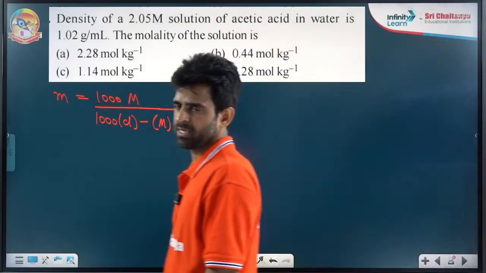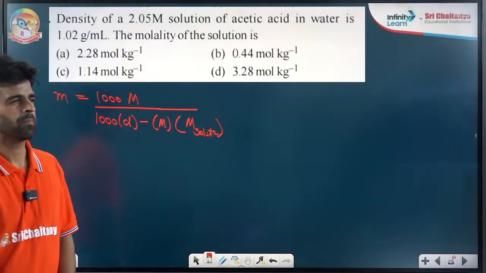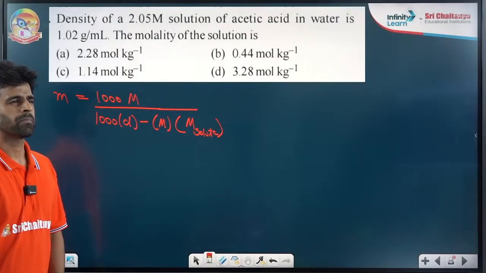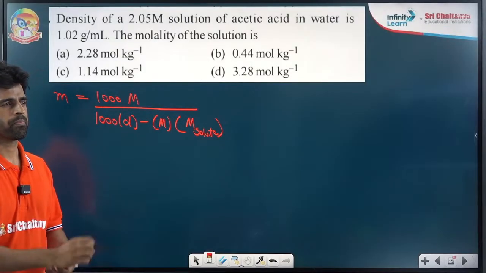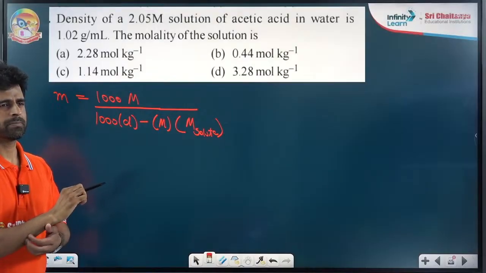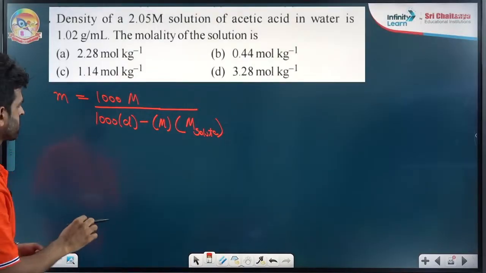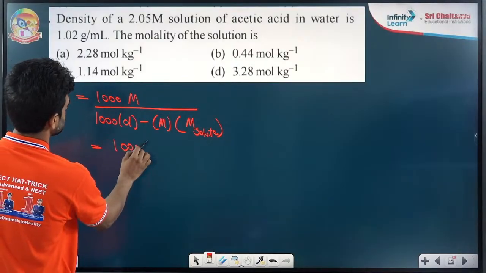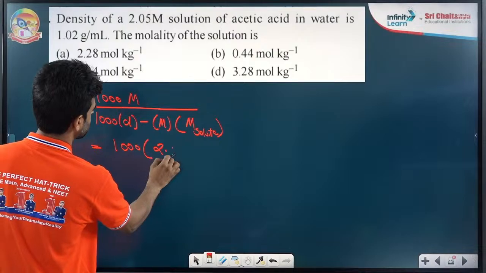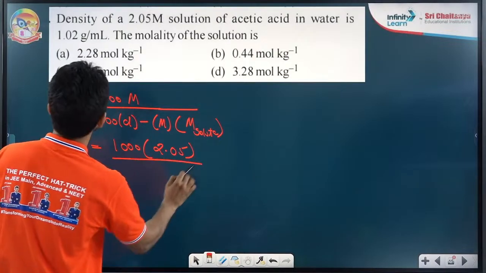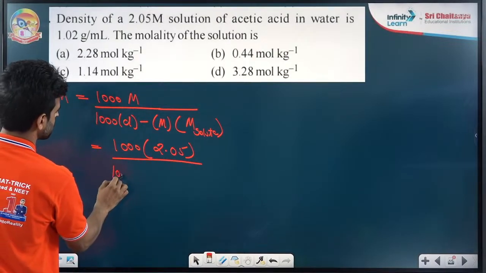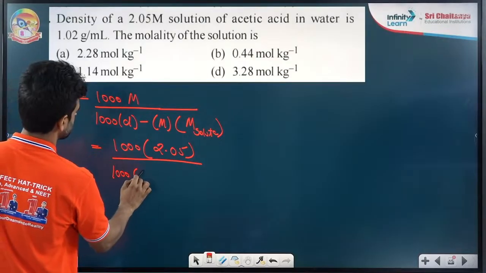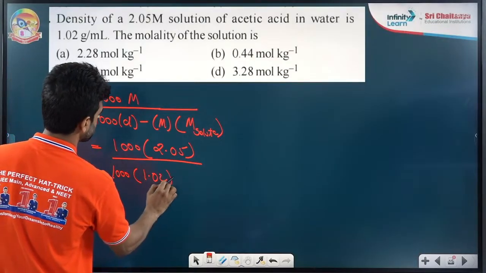Make it fast. What's coming? 1000 into molarity. They gave 2.05, right? 2.05 divided by 1000 into density, that is 1.02. Good.